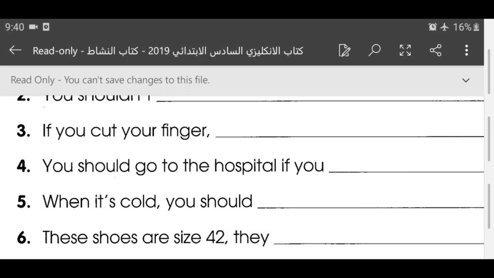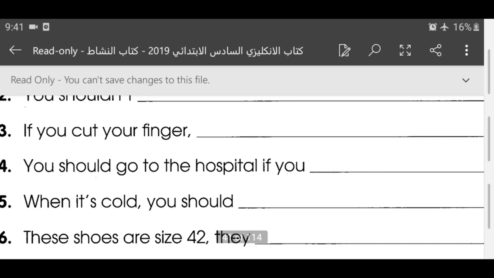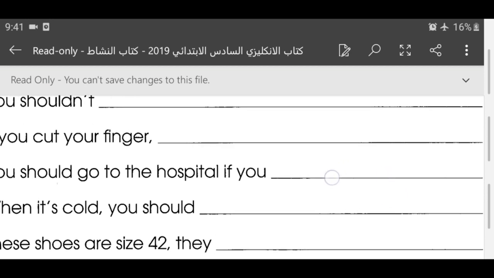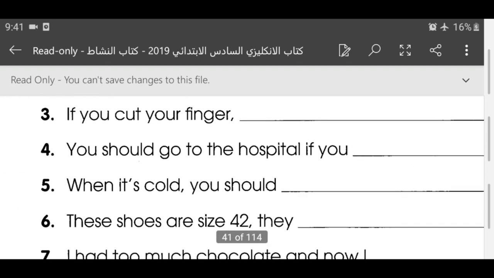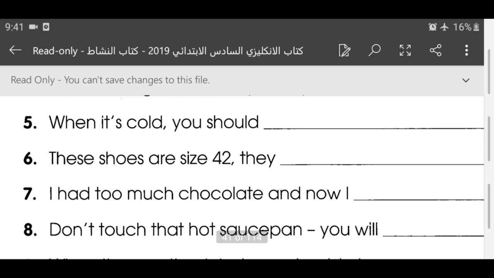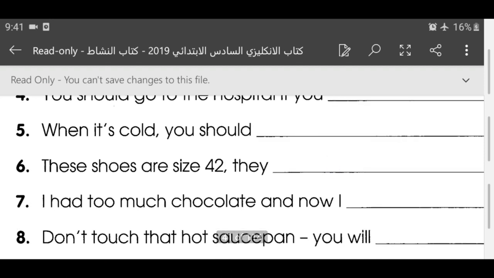Number 4, you should go to the hospital if you feel sick. 5, when it is cold, you should wear a thick sweater. 6. These shoes are size 42. They are too big.